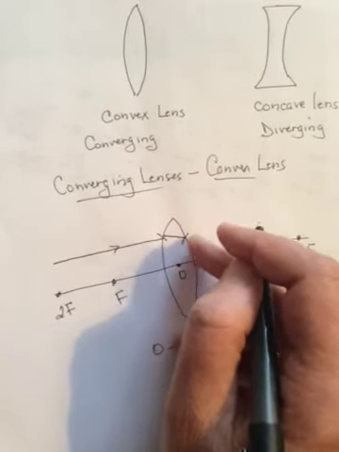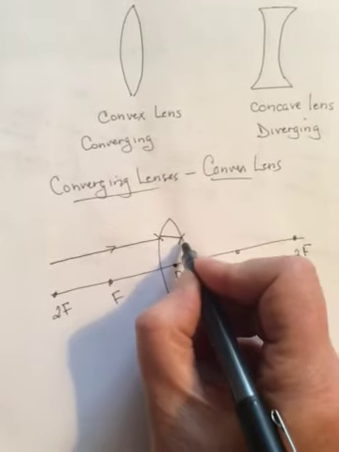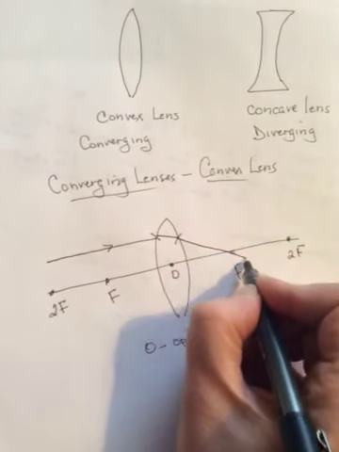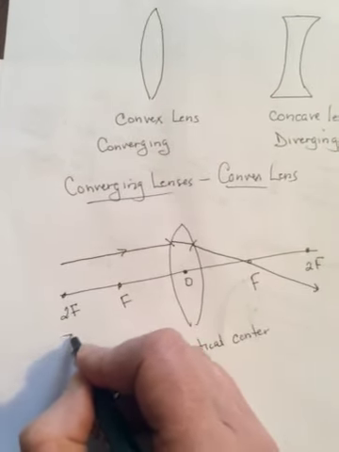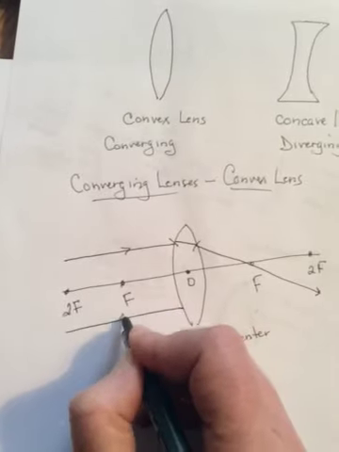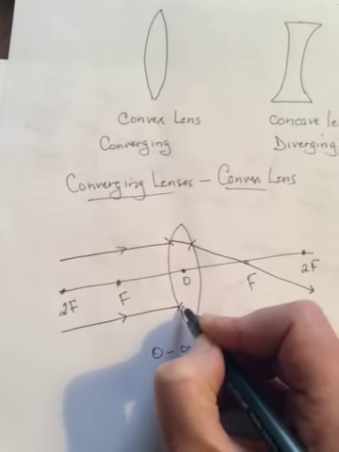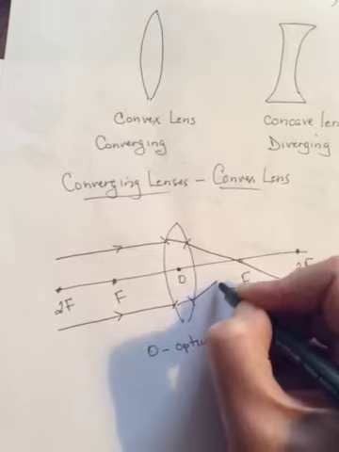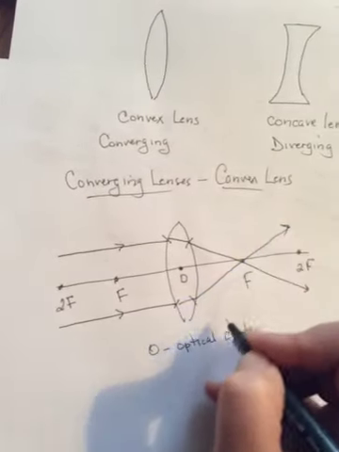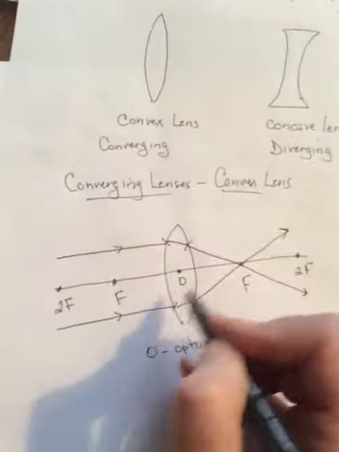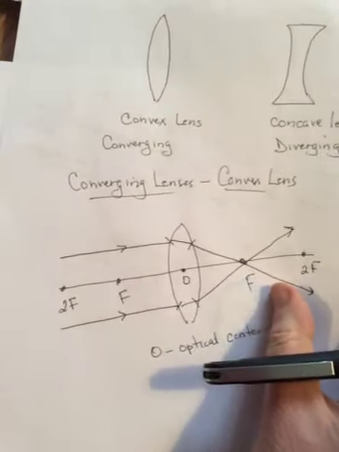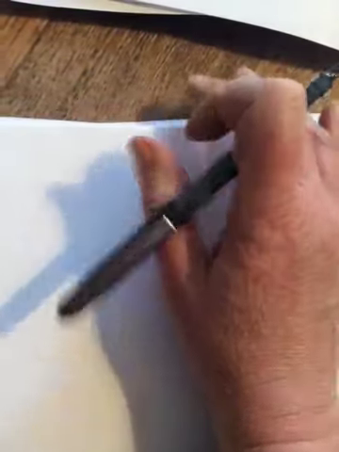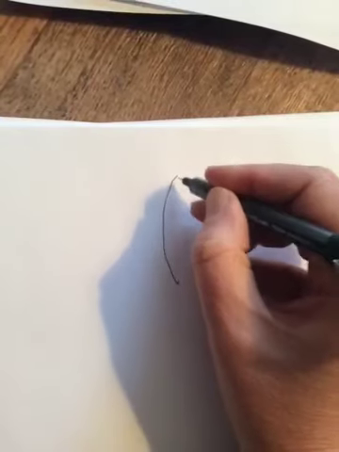And now we're going from more dense to less dense, so it's going to bend away from the normal. And it's going to pass through F. So if I do the same one going in parallel to the principal axis, it's going to get bent in such a way that it passes through F on this side. And this is why a convex lens is converging. Light rays converge.